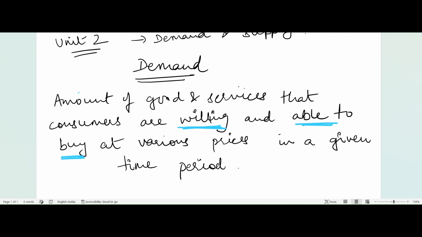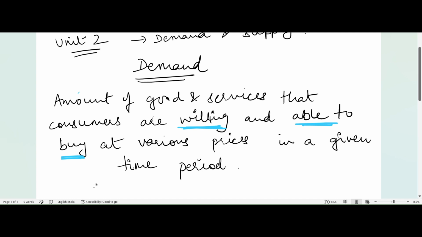So the companies that analyze demand, when they do demand estimation, take into account both of these factors: the willingness of the consumers as well as the ability of the consumers to buy a given product or service at various prices. So remember that. That's basically your demand.